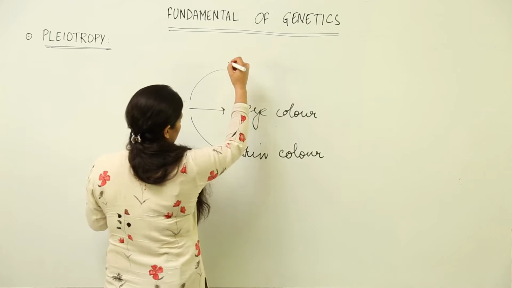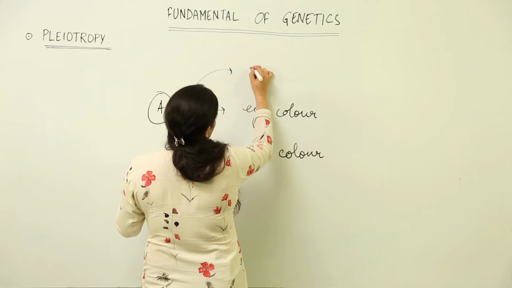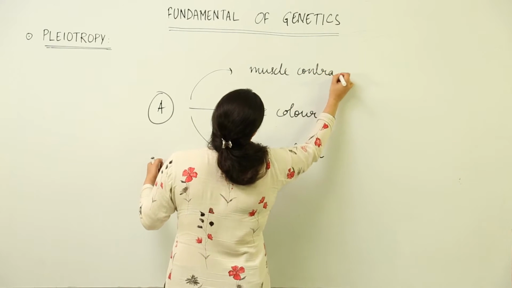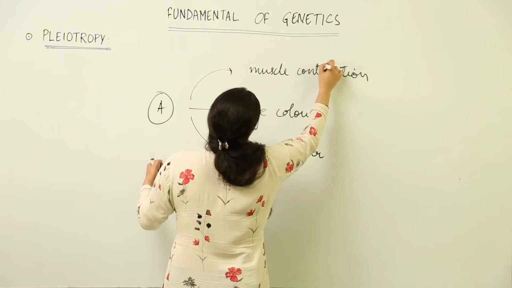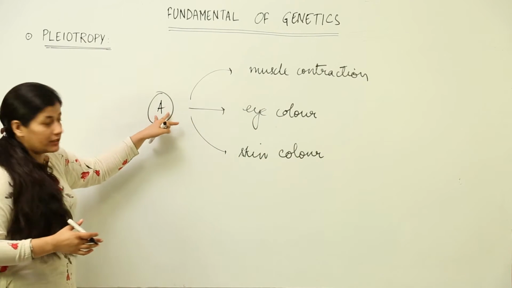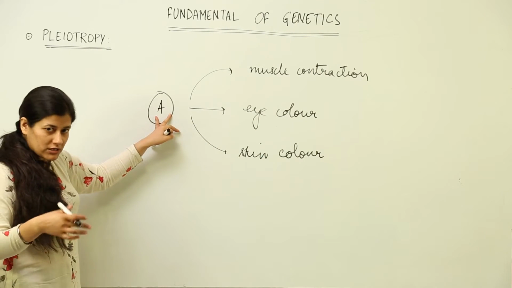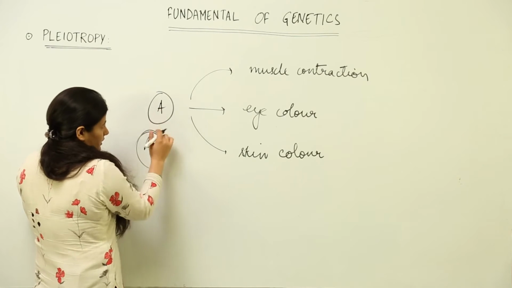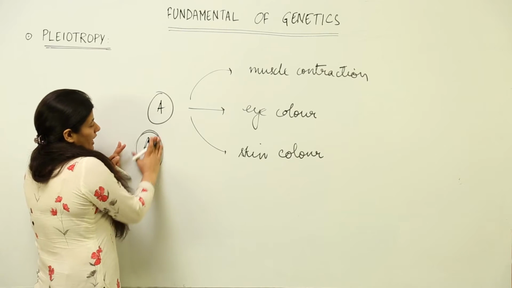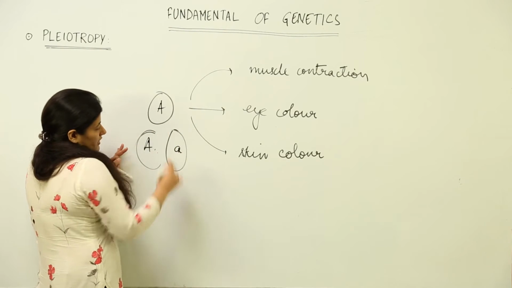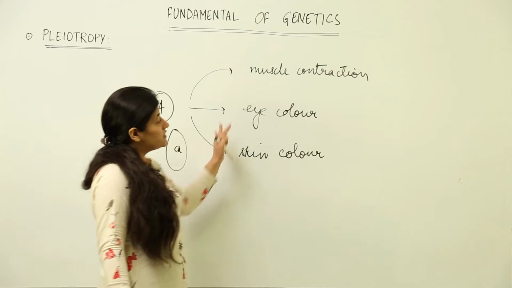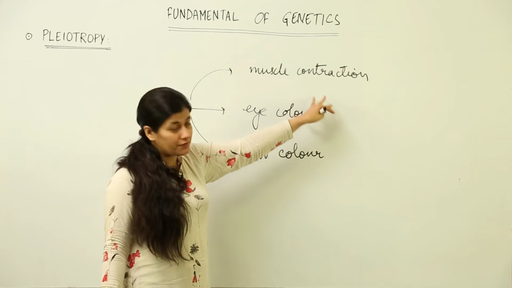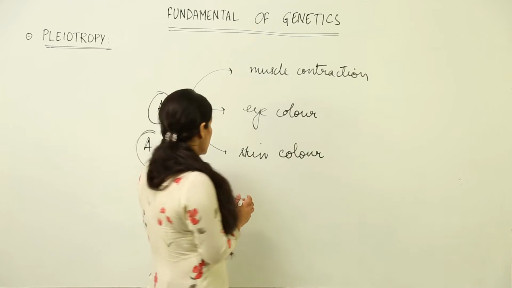Supposedly not only skin color but muscle contraction is also carried out by the proteins which are formed by this particular gene A, and of course we consider its alleles. It could be like this or like this. So supposedly we have this gene that is responsible for carrying out multiple activities for expression in different phenotypes, that is multiple phenotypes. That condition is known as pleiotropy.